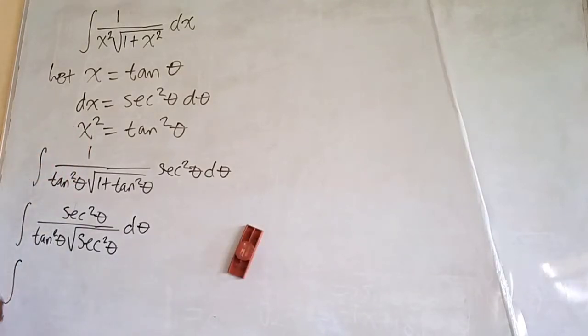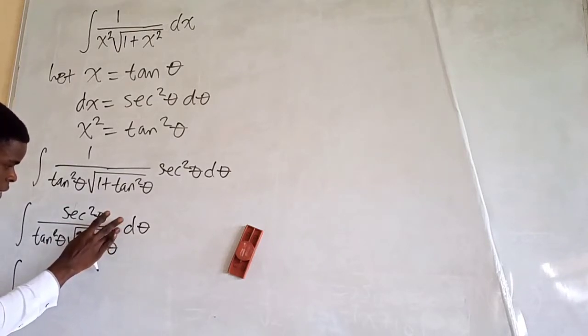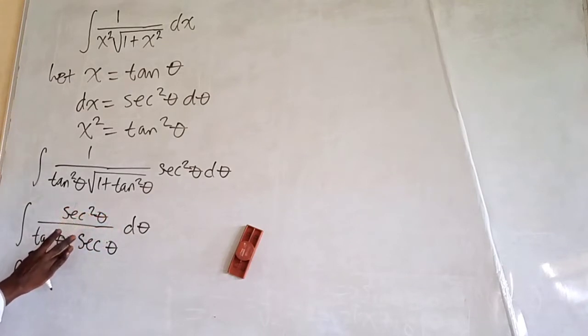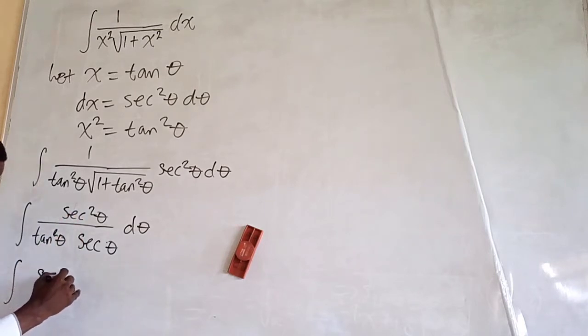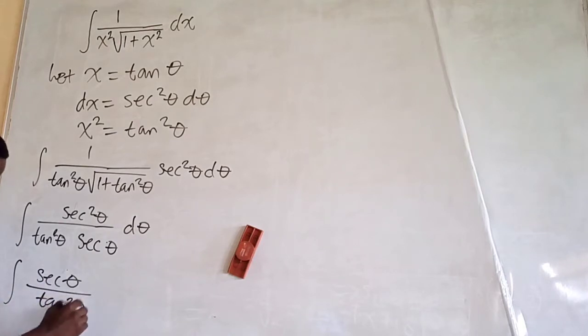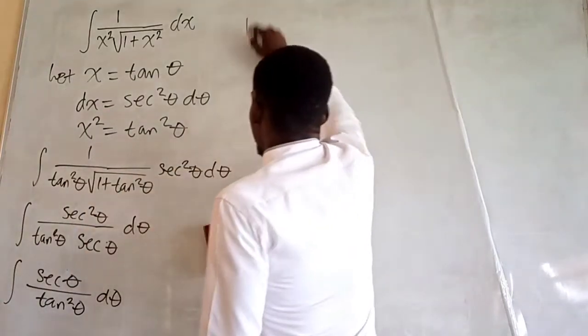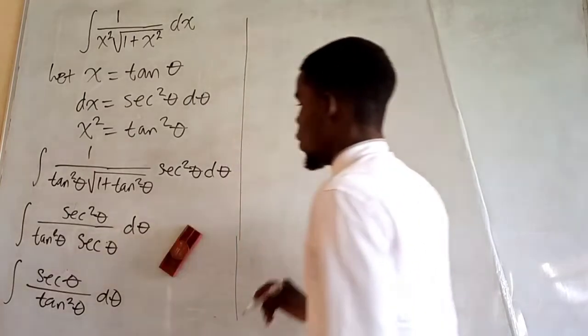Now again, we can cancel out some things, knowing that the square root of secant squared theta is just secant theta, because the square root takes care of the square. So the secant theta can cancel one of the secants on top. We're going to end up with just a single secant theta, and the denominator will just have tangent squared theta, d theta.